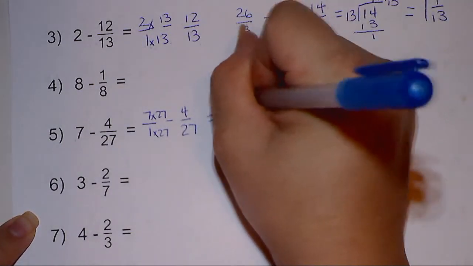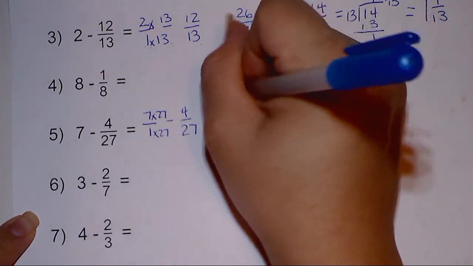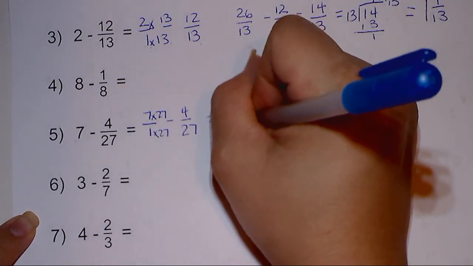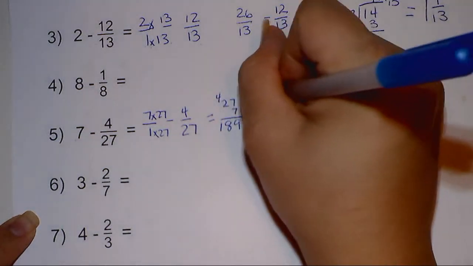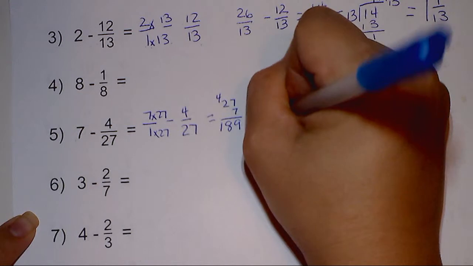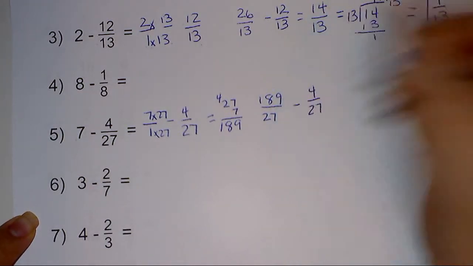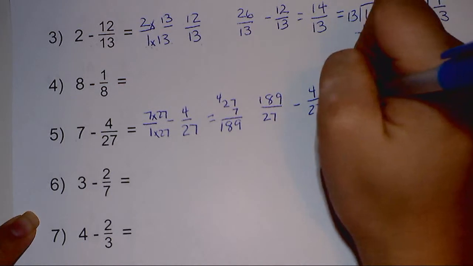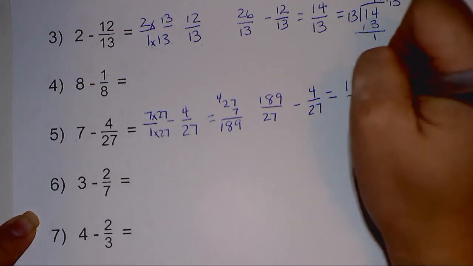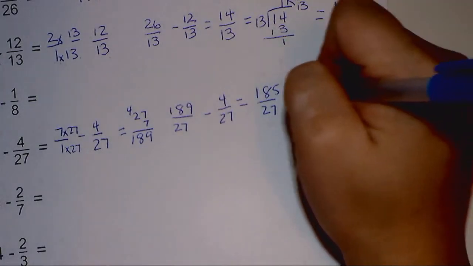So 27 times 7 is 49, 7 times 2 is 14, plus 4 is 18. So 189 over 27 minus 4 over 27, which will become 185 over 27.